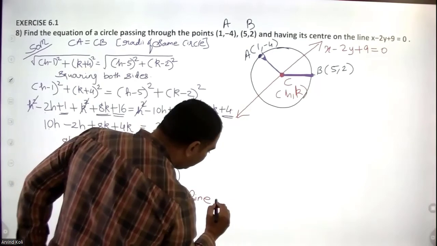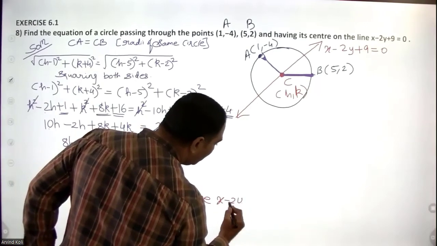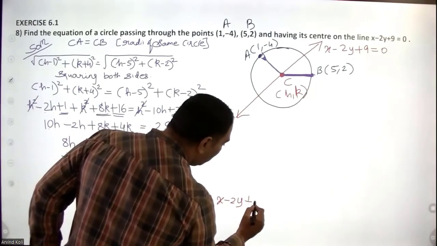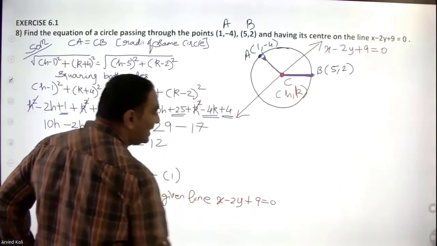What is the line? x minus 2y plus 9 is equal to 0.